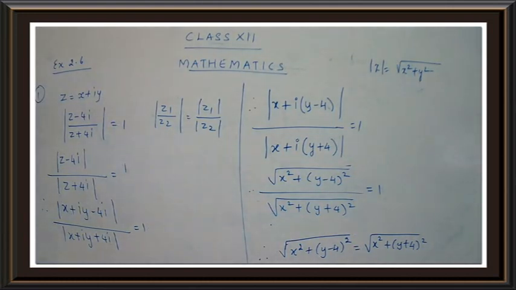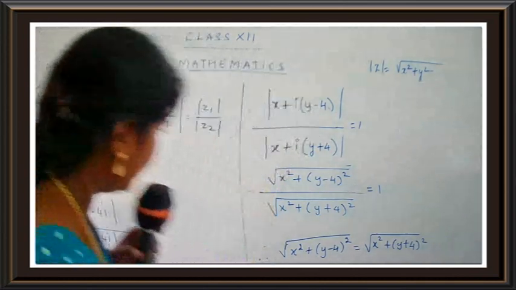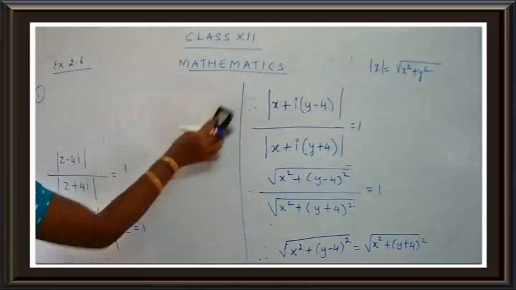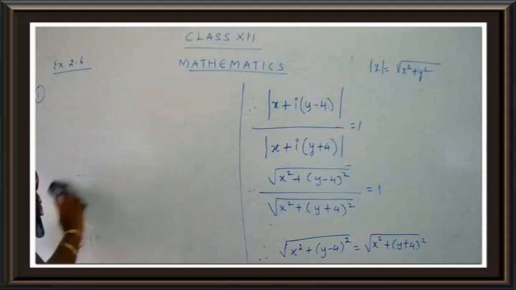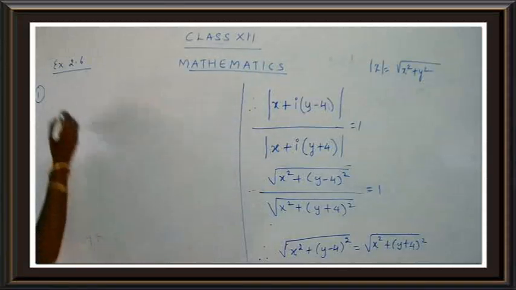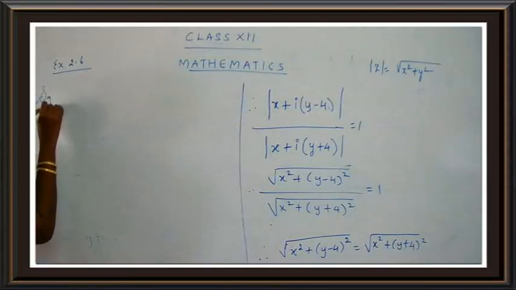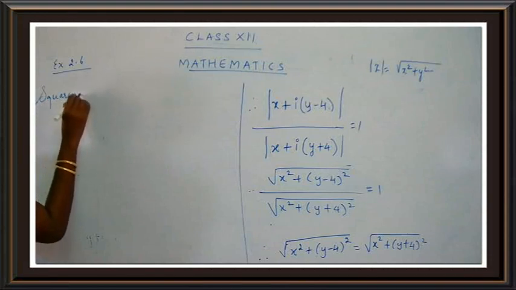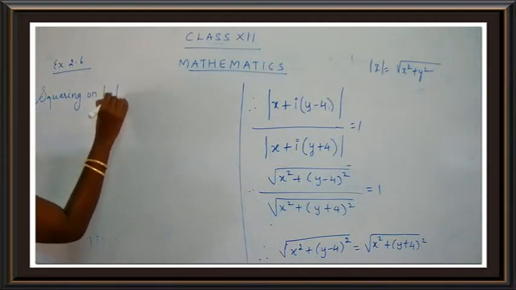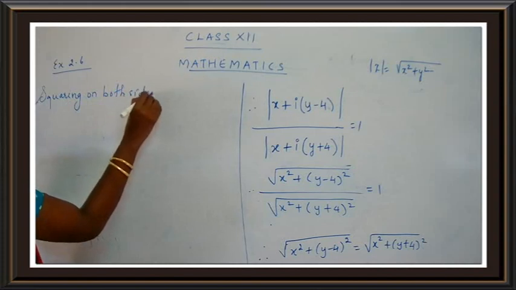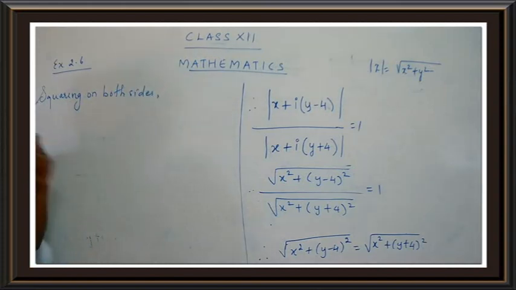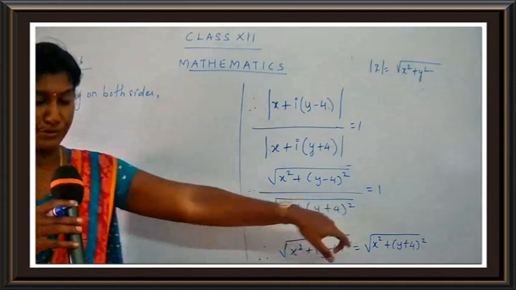So now what we are going to do is square on both sides. So when you square on both sides, what happens? The square root and the square root go off.